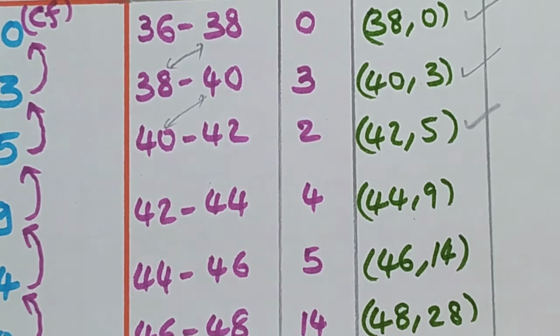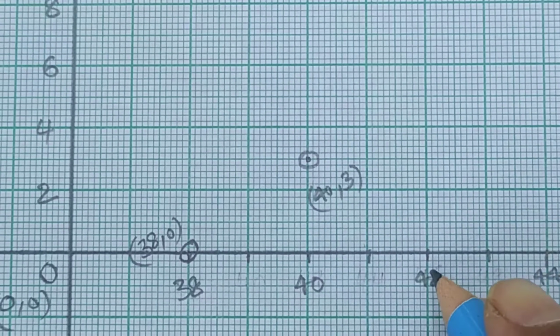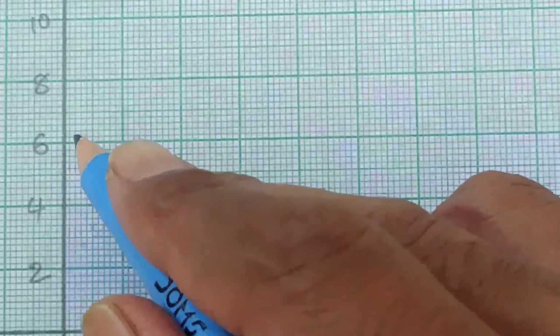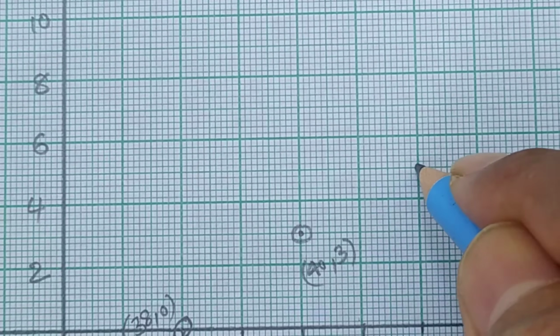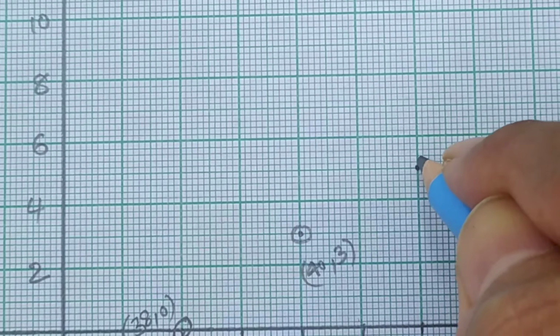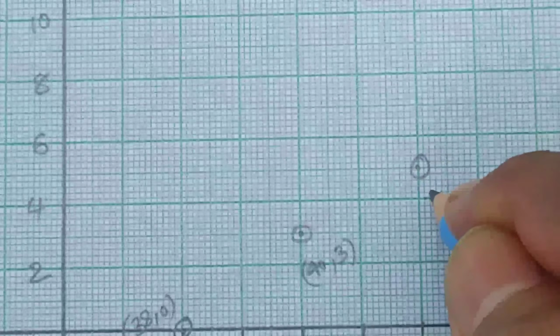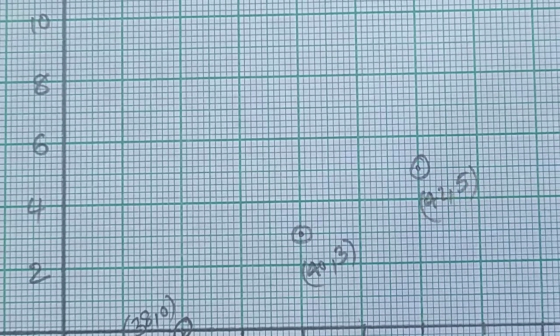42, 5. Here 42 is there. And here you see this is 4 and 6. So mid value is 5. So on this 42, this point. Here you see this side 42 and this side is 5. So it is 42, 5.